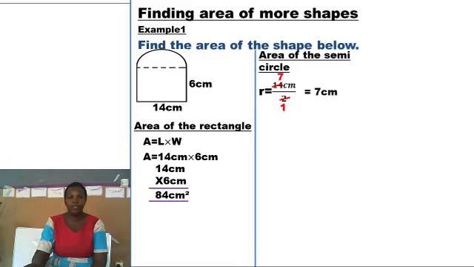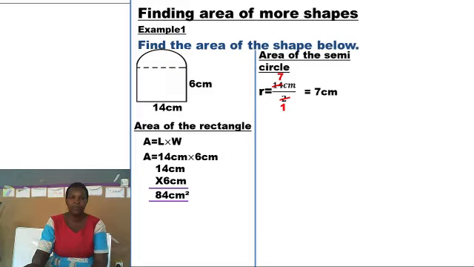I told you, you need to study the given figures, the given shape. Identify the figures given. So in this situation, we are given a shape having two figures, a rectangle and also a semicircle. But for us to get the area of the semicircle, we need to have its radius, because in the formula we need the radius.